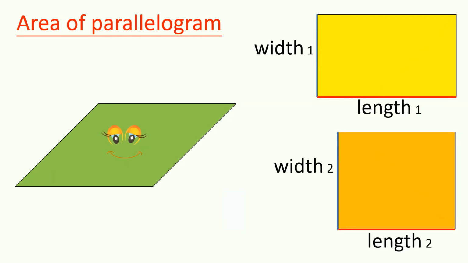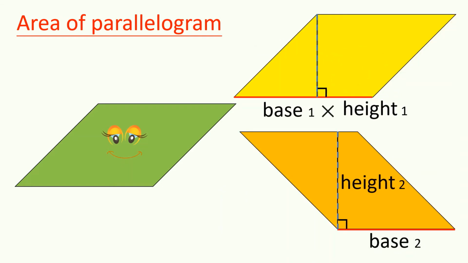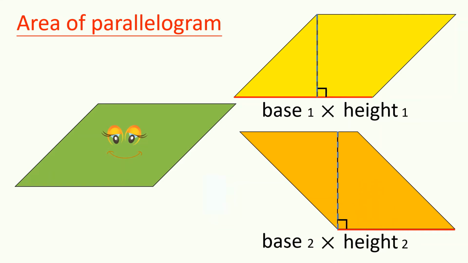Each pair of base and height forms the length and width of a particular rectangle. So, to find my area, either base 1 times height 1, or base 2 times height 2. We should not mix the 2 ways up.